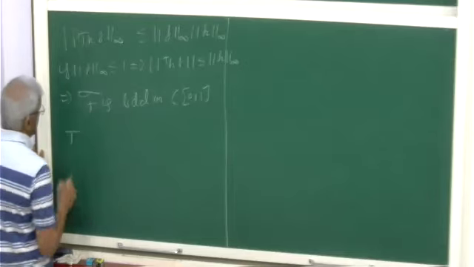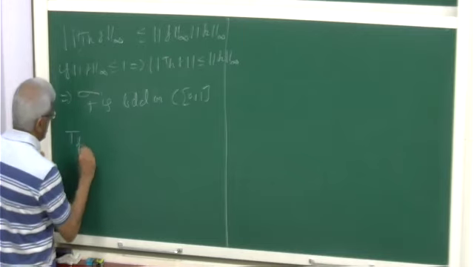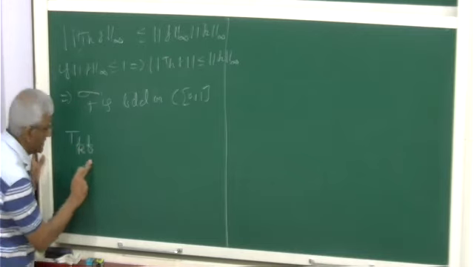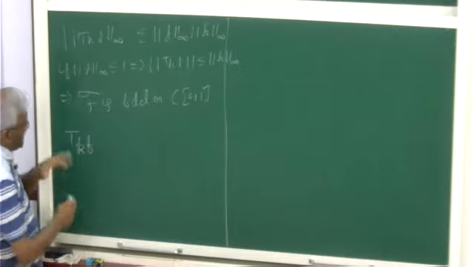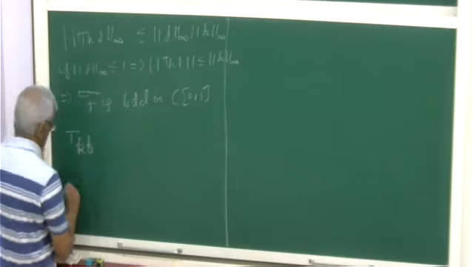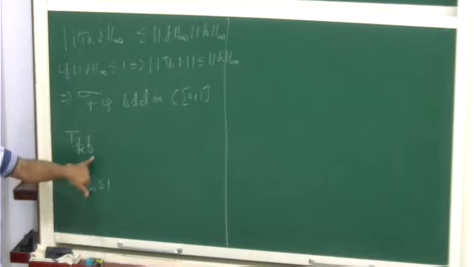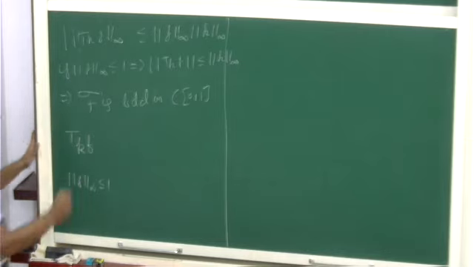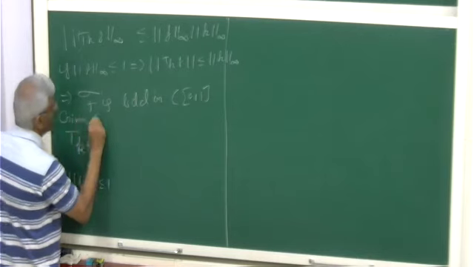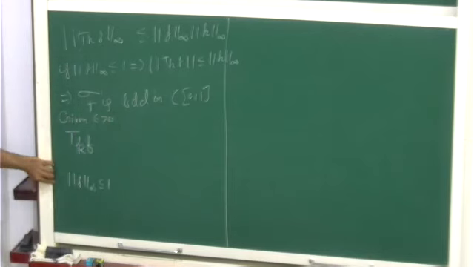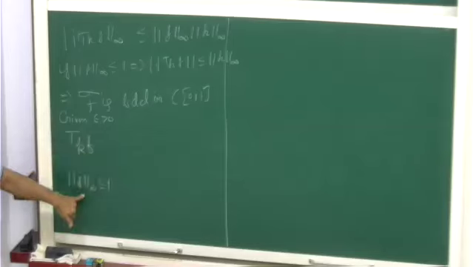To verify equicontinuity, for any Tkf, as f varies in that set with norm f infinity less than or equal to 1, given an epsilon greater than 0, we have to get a uniform delta for all Tkf. Given an epsilon, you will not be able to find a delta for all f, but for all Tkf you will be able to find one. That's what we are going to do.